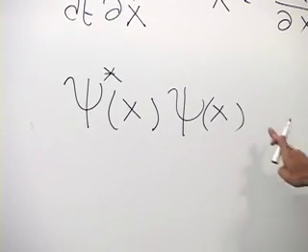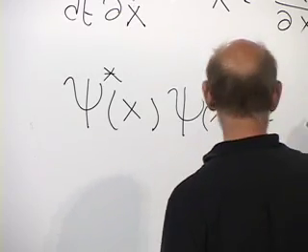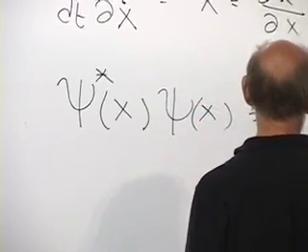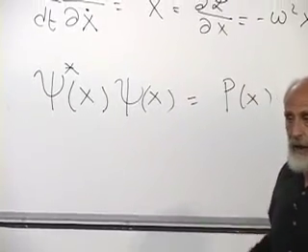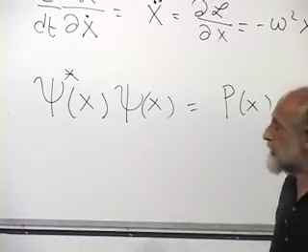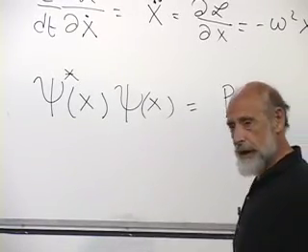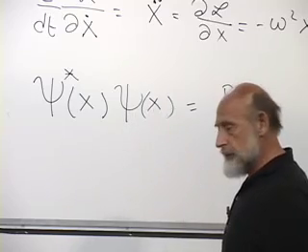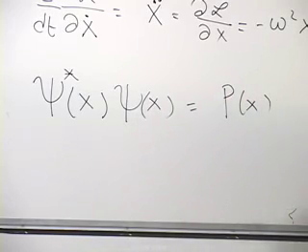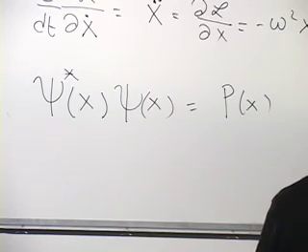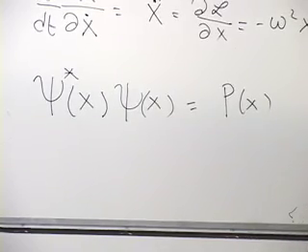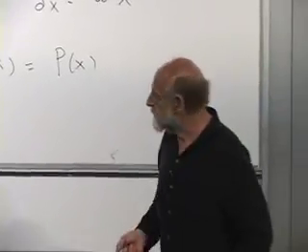This is the probability density, P of x. And the space of states, or the vector space describing the quantum mechanics, is just the vector space of the functions psi. All right, that's the first step. We now have a sort of kinematics. We now have a specification of what the states of the system are.